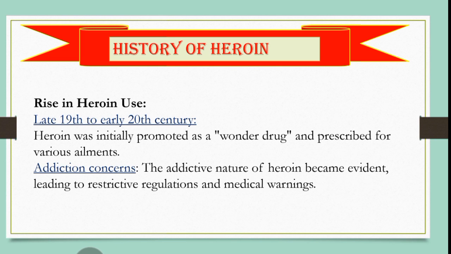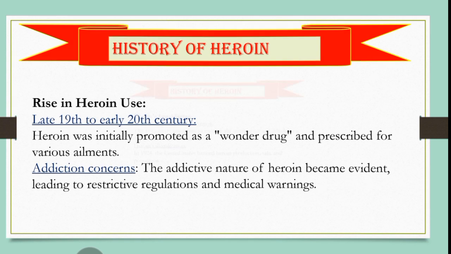Rise in heroin use. After the mid 19th century, things became worse because people used it as a drug, and heroin was initially promoted as a wonder drug. But later, the addictive nature of heroin became evident, leading to restrictive regulations and medical warnings.